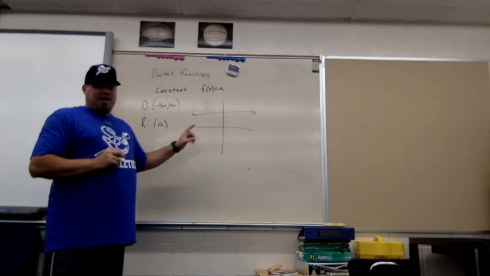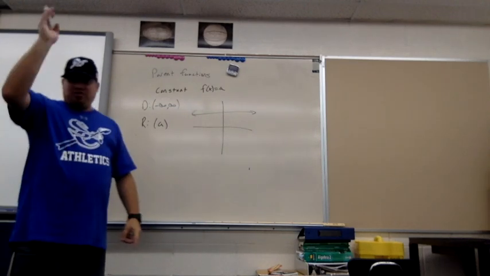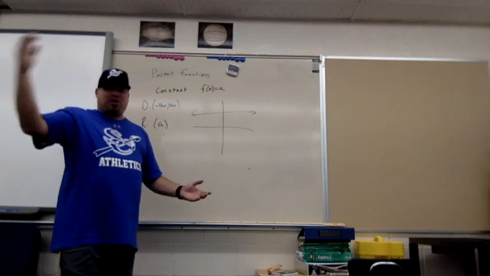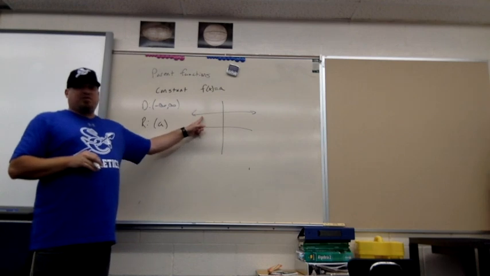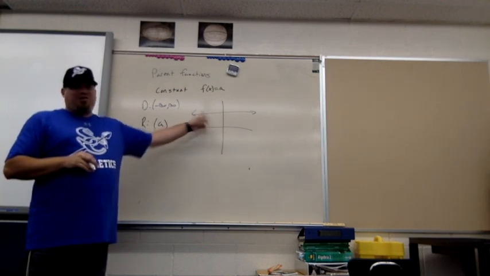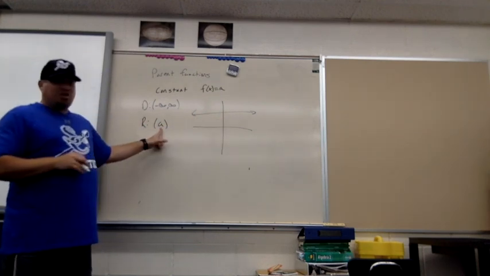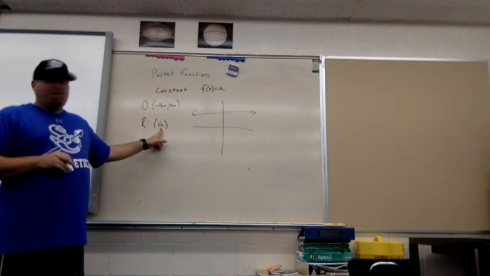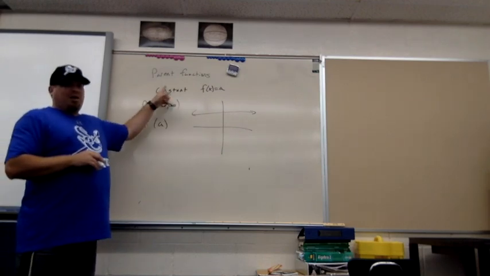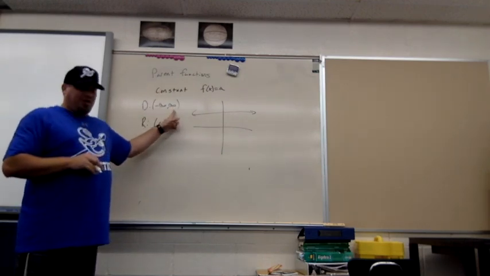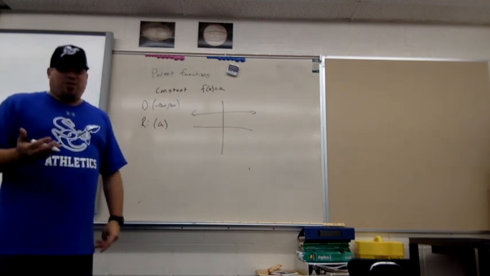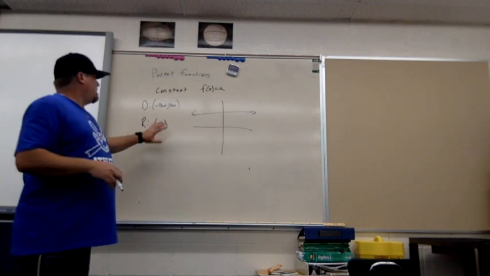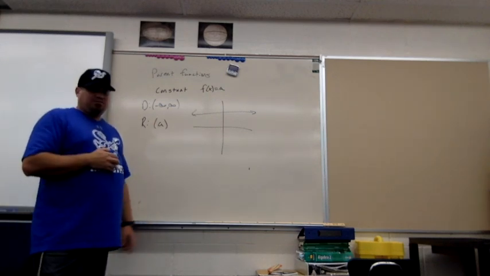It's always a. My range is all of my smallest to my largest y values. Well, there is no smallest and there is no largest, because there's only one y value for this entire function, and it's just going to be a. So my domain of my constant function is negative infinity to infinity. My range is simply a. That's the only y value that I'm going to have for my constant function.